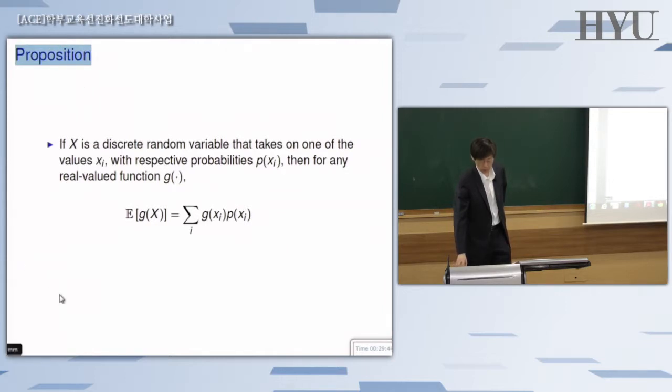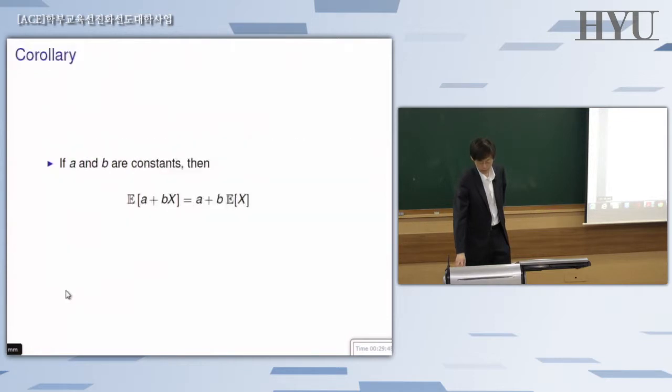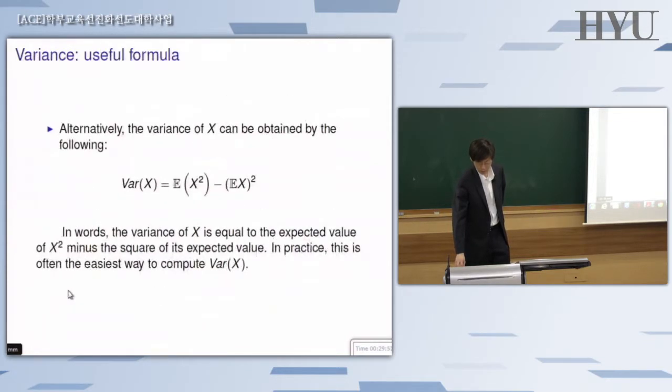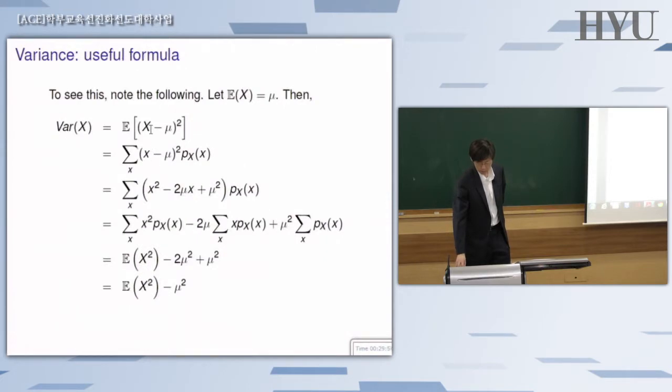Given this proposition, we can conveniently compute the expectation of a certain function of x, and that function of x in this case is another function of x, right? Subtract some number from x and then square it. That's a real-valued function. So the expectation of that can be easily computed as the sum over all possible values, but then you multiply by the PMF of x, not the PMF of that function. That's nothing but the proposition. So the second equality is ensured to hold by the proposition that we introduced.